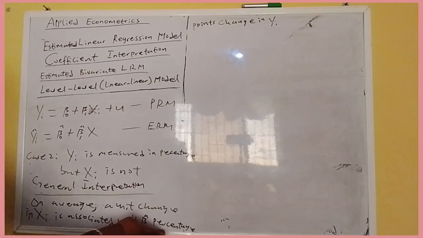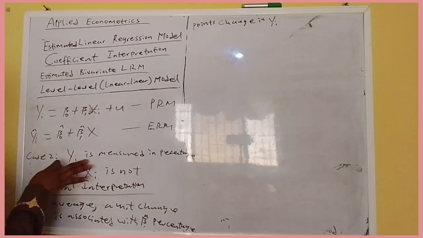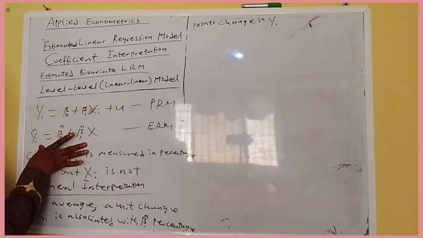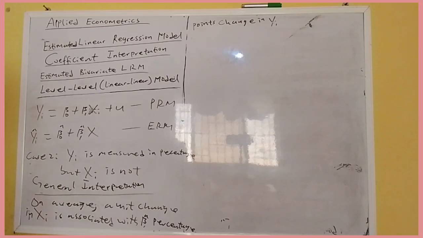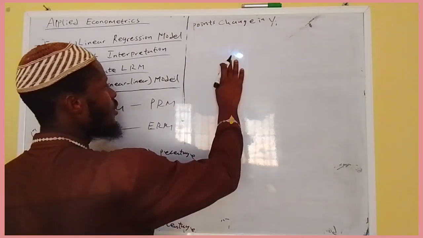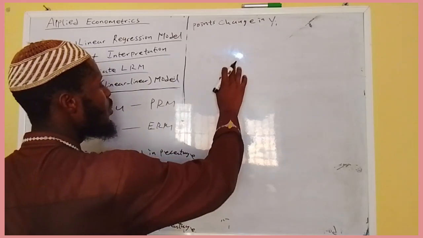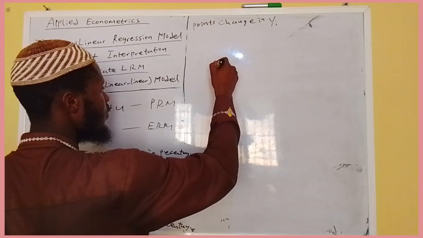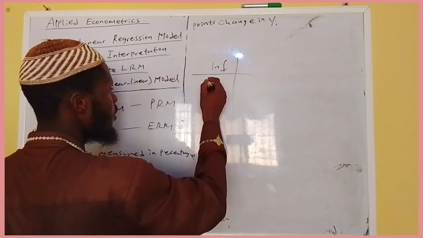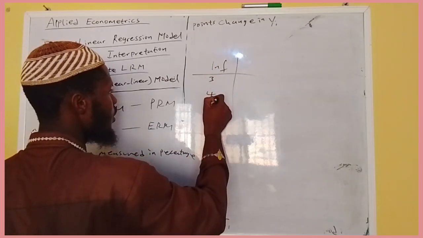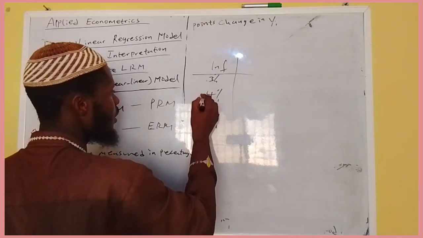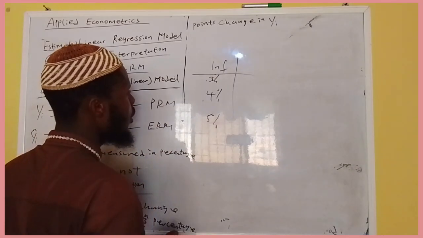So why is it not a unit? It is not a unit because this variable y is measured in percentage and it enters this regression model in percentage. And we know a unit change in a variable that is measured in percentage is known as a percentage point. Let's say we have inflation, let's say 3%, 4%, 5%. So the movement from 3% to 4% is known as 1 percentage point.